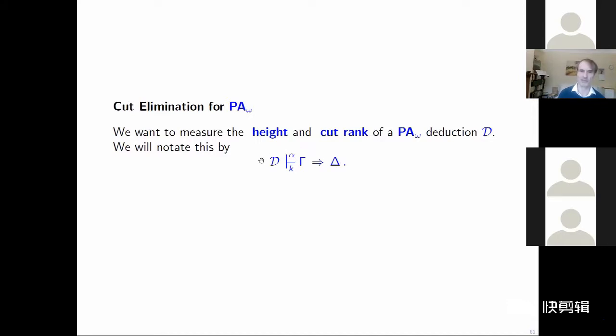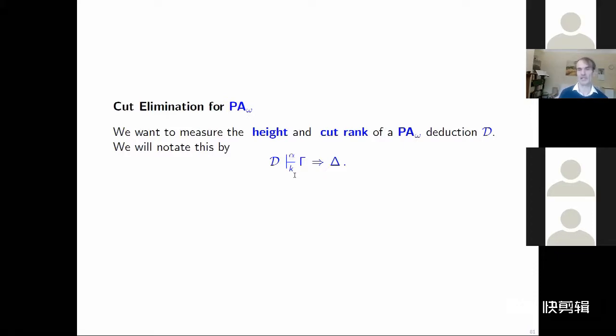So we use this kind of notation here to notate that D here, the calligraphic D, is a derivation or deduction of the sequent Γ ⇒ Δ. And the alpha here, the superscript attached to the turnstile symbol, indicates the length of the derivation.